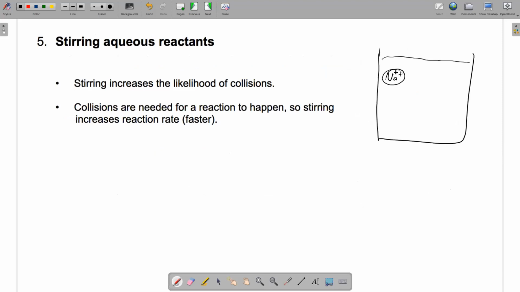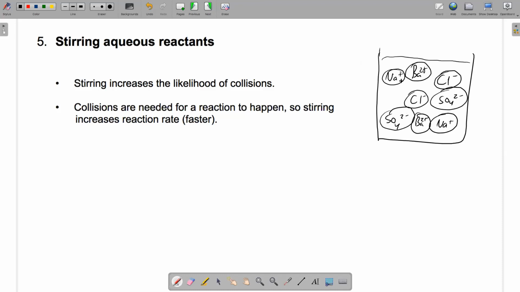If you have sodium ions maybe up here, and there's another sodium ion down here, and you've got a chlorine and another chlorine here, and then there's a barium, and then you've got a sulfate down here, and there's another barium here, and a sulfate here. So in this reaction where I've got a solution of sodium and chloride and barium and sulfate ions, if I'm trying to make a compound of barium sulfate where there's going to be a precipitate formed, maybe there's a barium and a sulfate here that's together, and these two react, form that solid, and the solid starts to settle down.